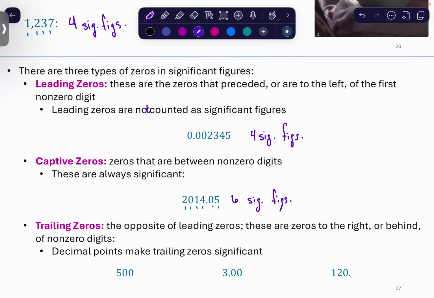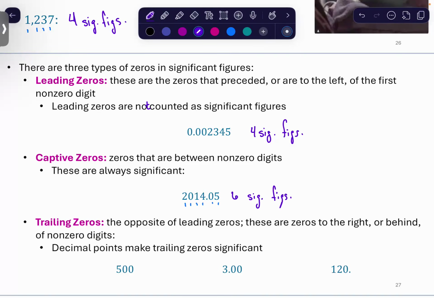Now, trailing zeros can be one or the other. Trailing zeros are not significant unless there's a decimal point. So if leading zeros are to the left, trailing zeros are to the right. And so here, let's look at the 3.00. So there's a decimal point, 1, 2, 3. Three significant figures.